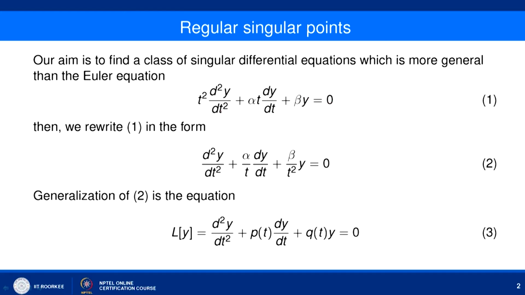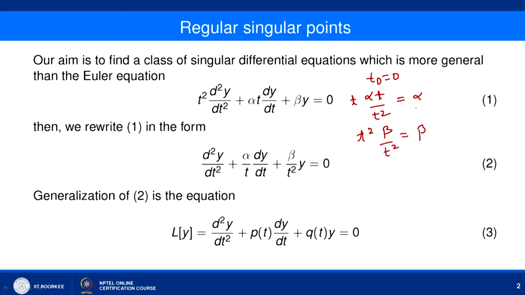At t equal to 0 the t square is vanishing, so it is a singular point for this equation. And if you look at alpha t divided by t square, with t naught equal to 0, this is nothing but alpha over t, times t gives alpha, and t square beta upon t square is beta.